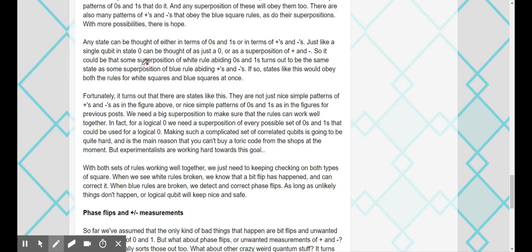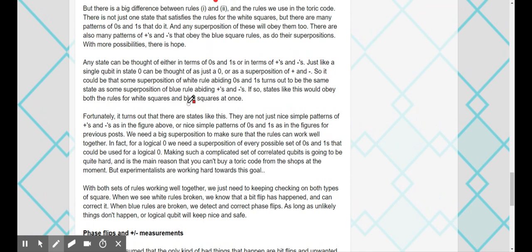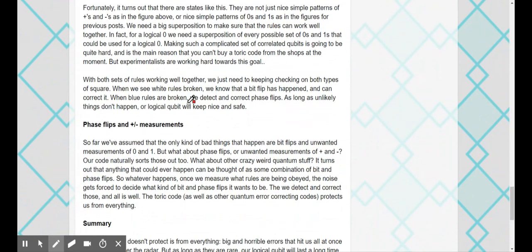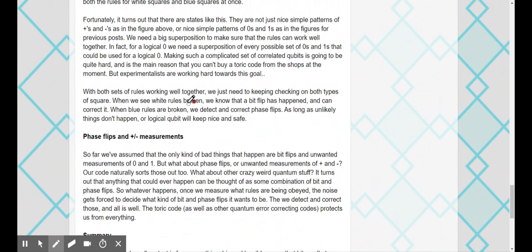Just like a single qubit, say some superposition of blue. There are also many patterns that are available. Both sets of rules have simple patterns.